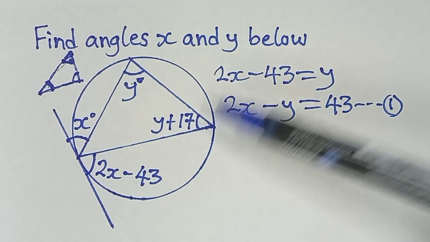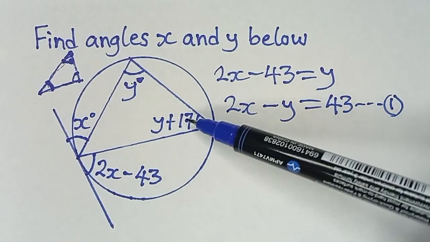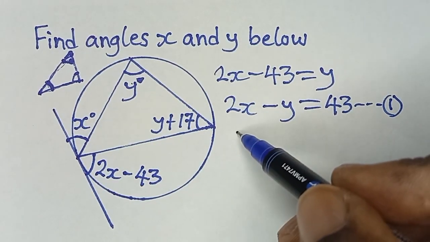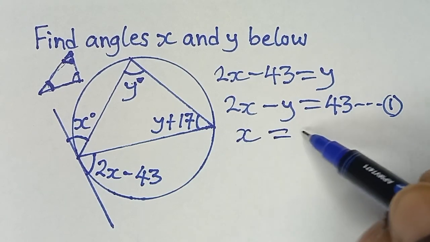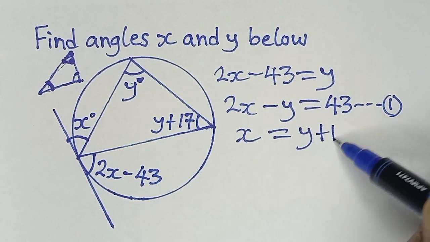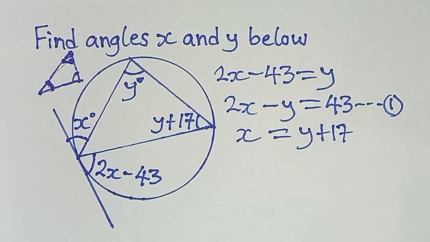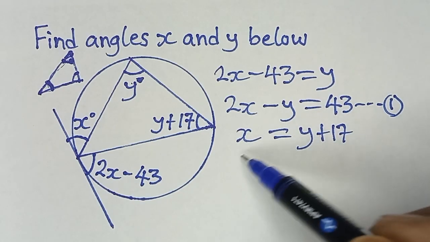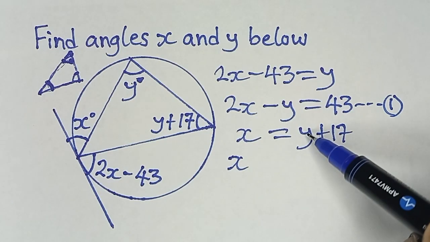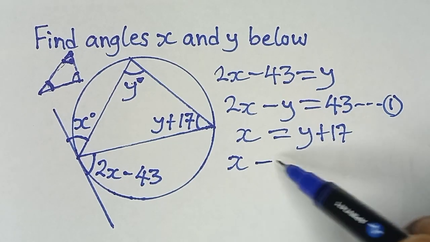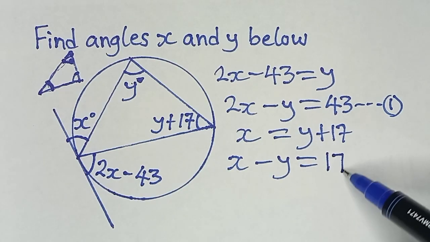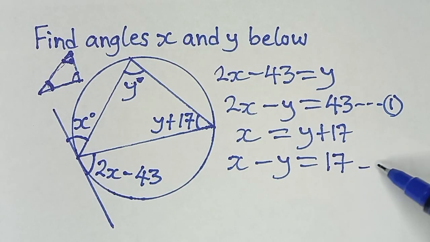So x is equal to y plus 17. If I rearrange this equation, I'll have x, this positive y comes to this side as minus y, and is equal to 17. I can call this equation 2.